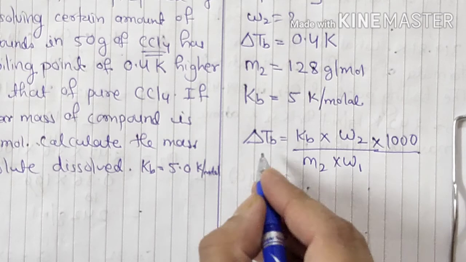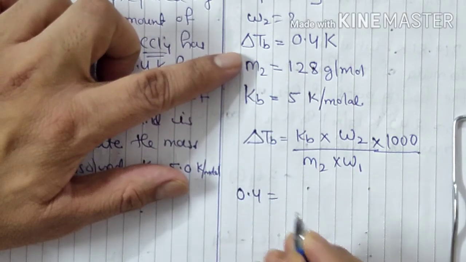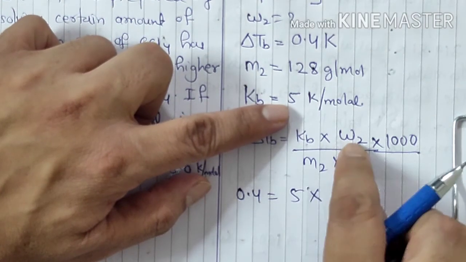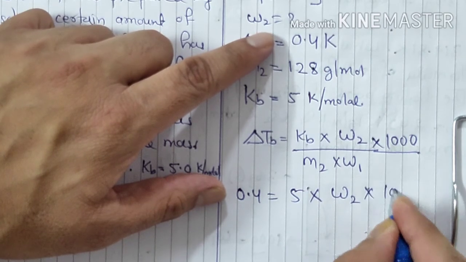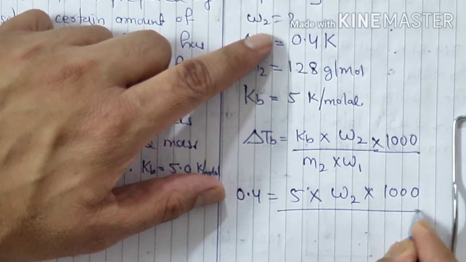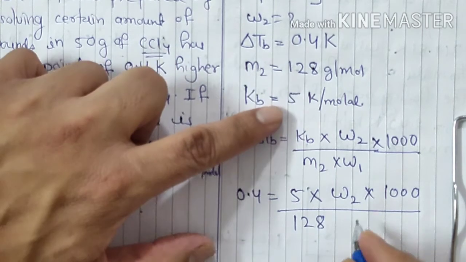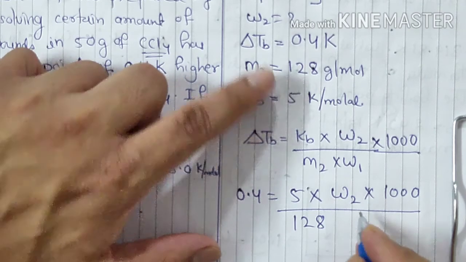Now delta Tb का value 0.4, Kb का value 5, weight of solute find करना है, 1000 will remain as it is, molecular weight of solute 128, and weight of solvent is 50.